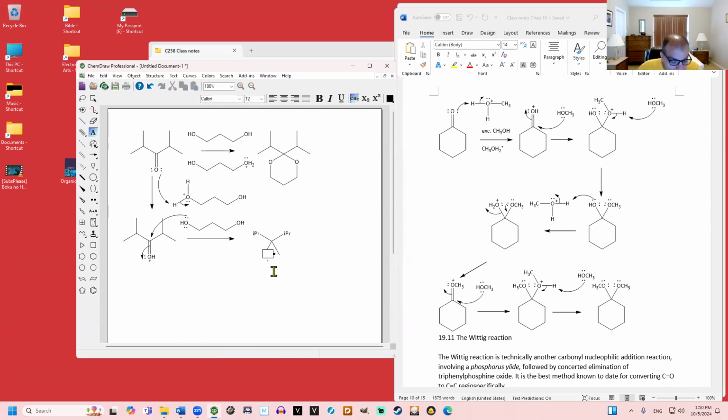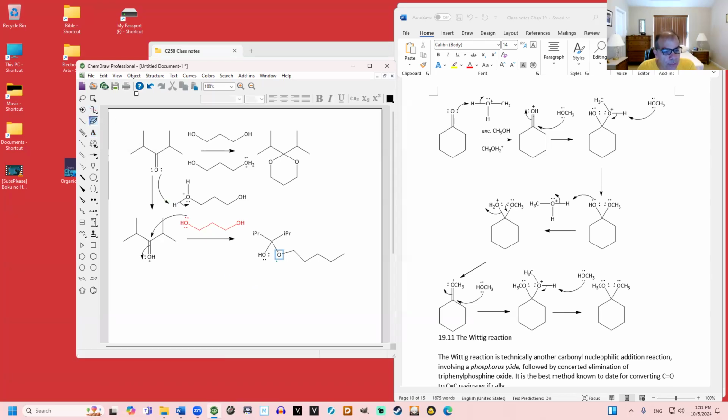And so we now have OH attached. Let me make that red so as to color code this. So we have an oxygen here.